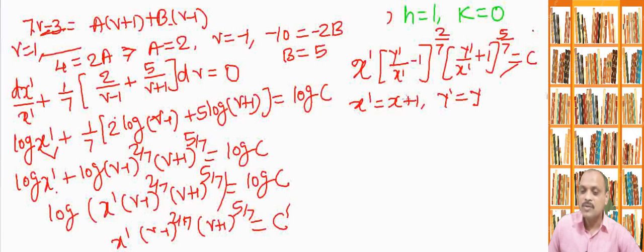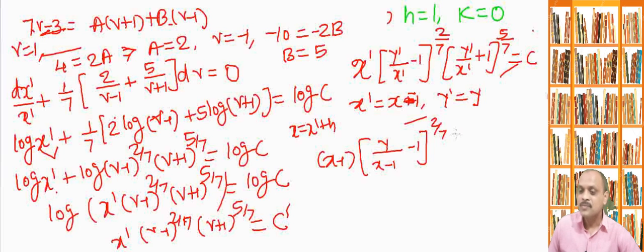So x' equals x − 1 here, and y' equals y. So we write this as (x − 1)(y/(x − 1) − 1)^(2/7)(y/(x − 1) + 1)^(5/7) equal to C.